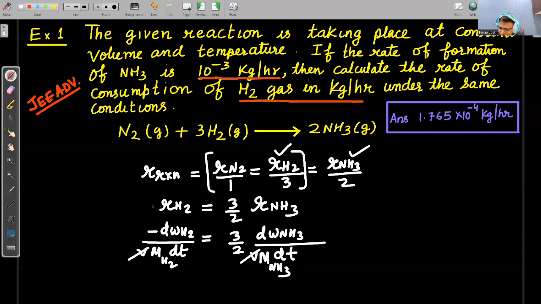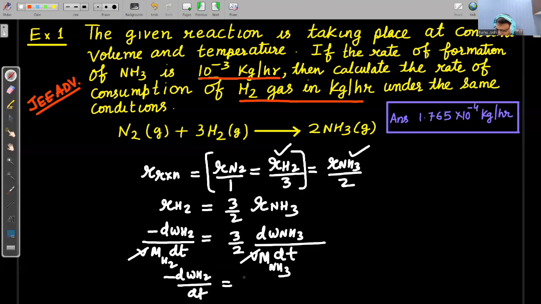So most of the time, when we are writing rate in terms of concentration, we can directly write 3/2 into the rate of formation of ammonia. But here the rate of formation of ammonia is in terms of mass changing per unit time, so molar mass is also important. So what is the rate of change of mass of hydrogen gas with respect to time?